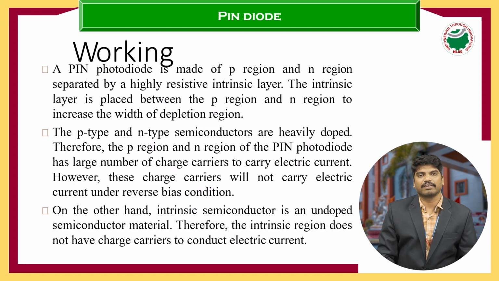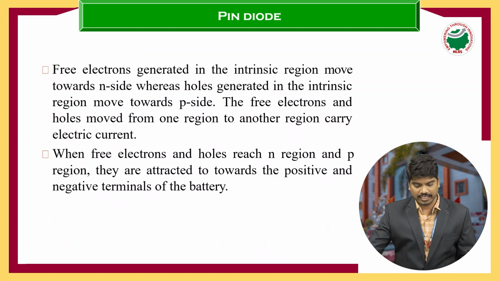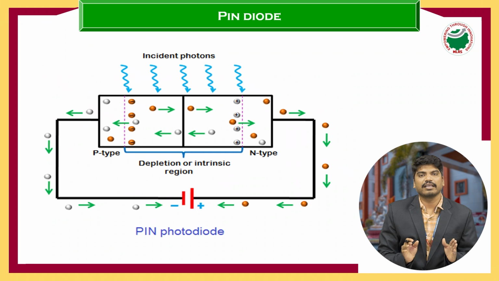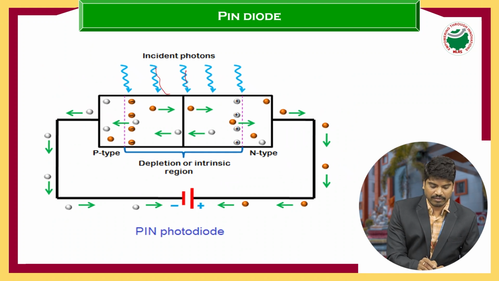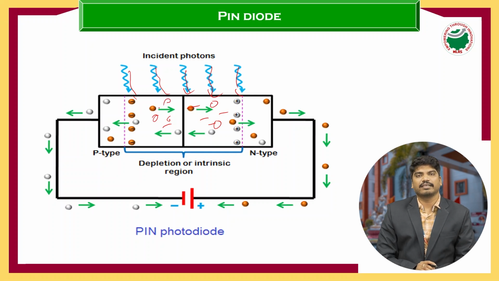And how does it work? When light strikes this PIN diode and is incident on the intrinsic region, it will automatically generate electron hole pairs. While learning about intrinsic and extrinsic semiconductors, we came to know that any semiconductor will act like a pure insulator at zero absolute temperature.